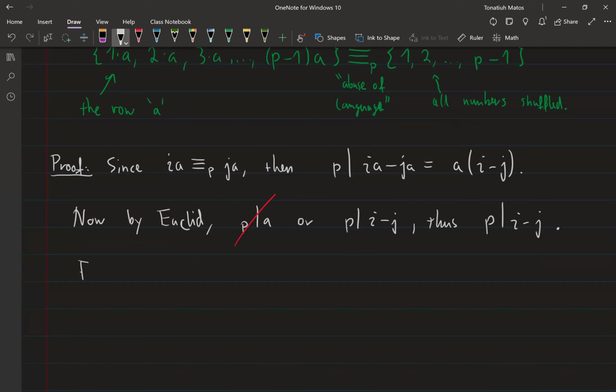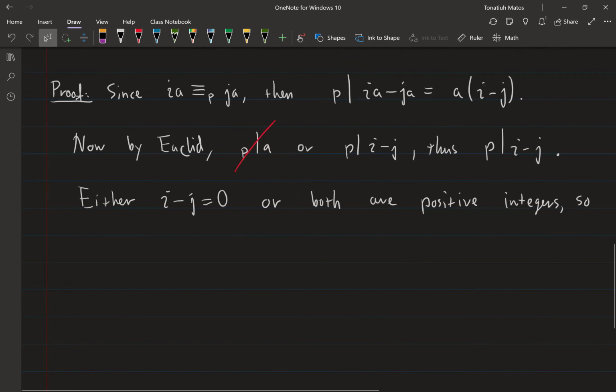Okay, so if P divides I minus J, that means that either this is 0, because everything divides 0, or both are positive integers.